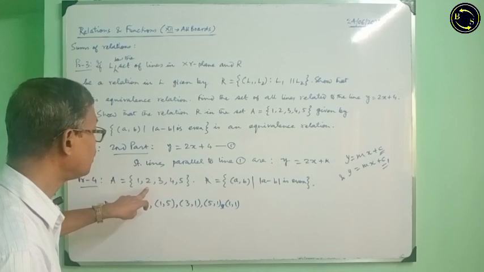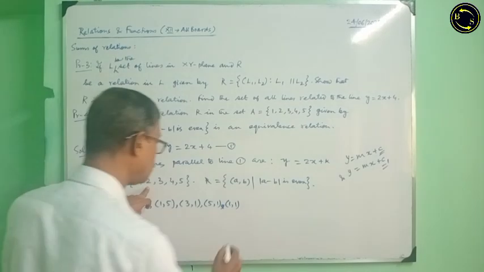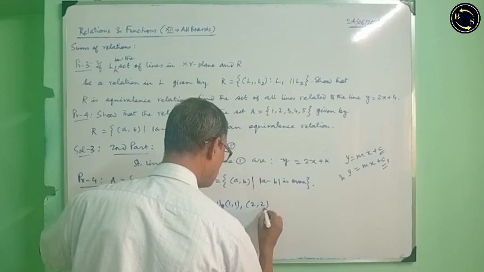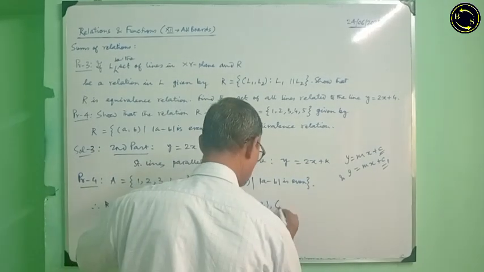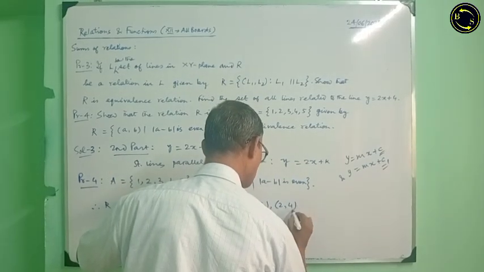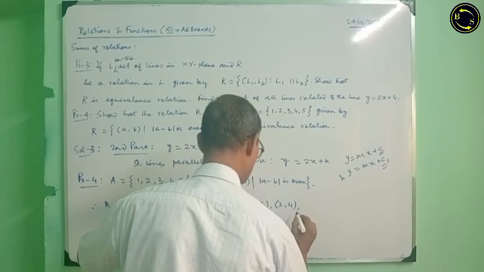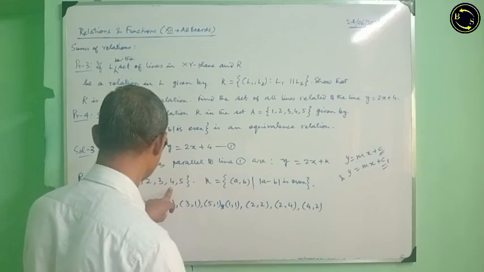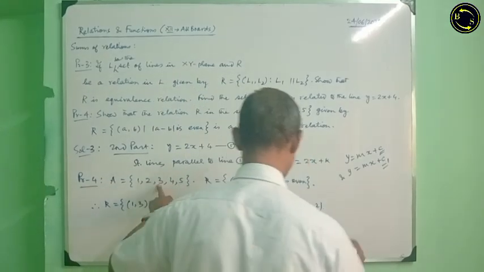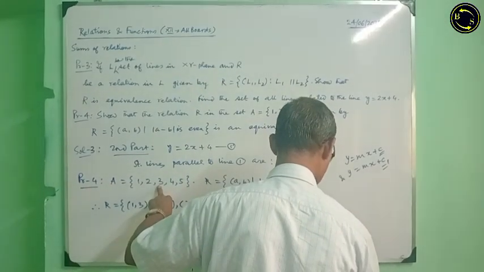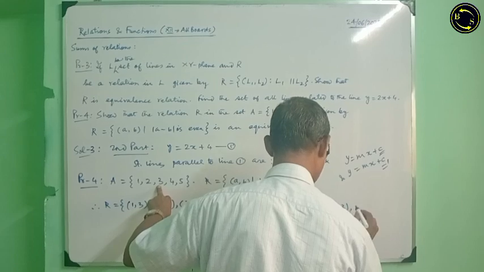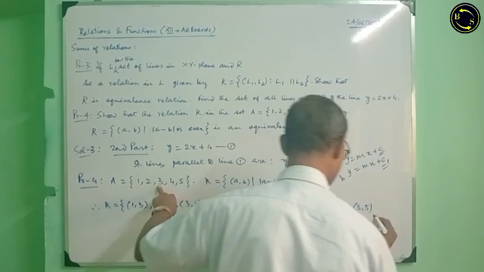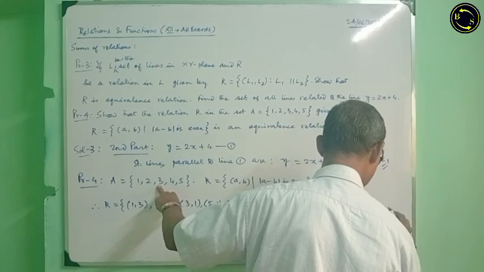Then we consider 2: (2, 2), (2, 4), (4, 2). Then (3, 3), (3, 5), (5, 3).